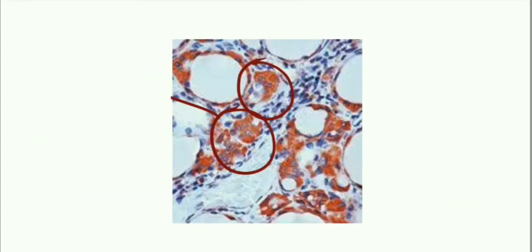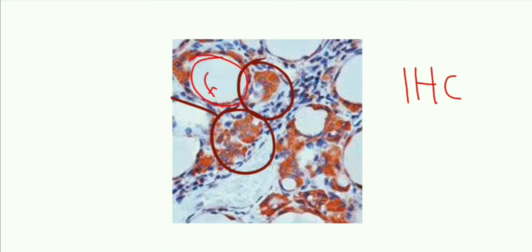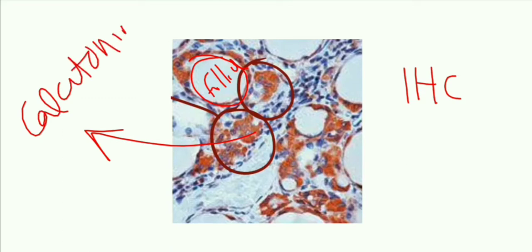Now when you look at this picture you can see the brown staining, so it is immunohistochemistry staining, and here you can see these are the follicles. So this is outside of the thyroid follicle. So here you are staining calcitonin positive, the calcitonin marker is positive.